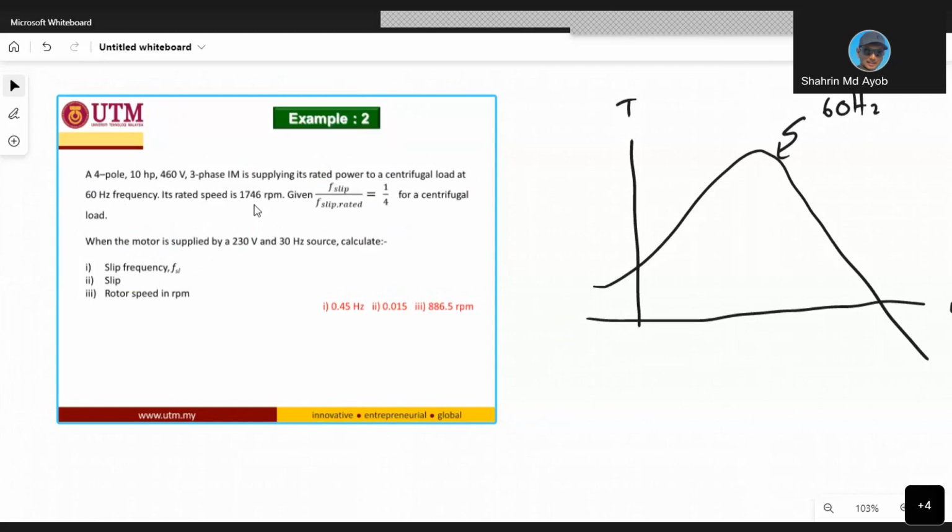Okay, and the motor speed is 1746. So meaning that this one is the rated motor. When it is supplied by 60 hertz, 460 volts, okay, so it will give you rated speed 1746.